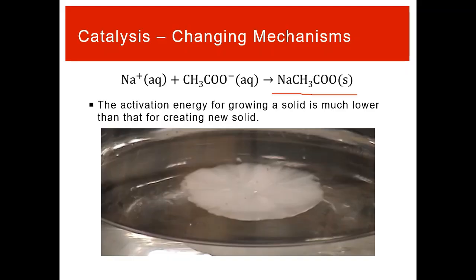But the whole point of this is the kinetics: this process is very slow. You have a supersaturated solution that just stays with the ions dissolved in solution. It should be happening, but it's a really slow process, and the reason is that the activation energy is really high. How you can change that is by changing it to a different process.